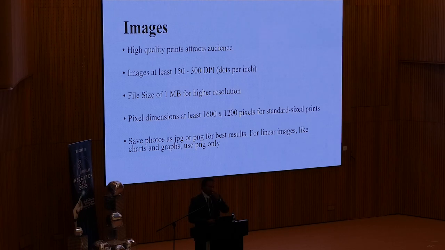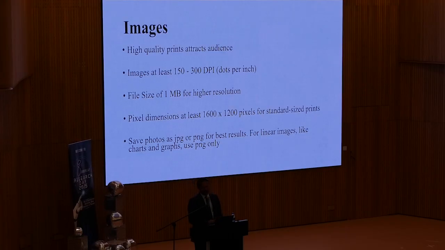Now the pixel dimension is also important. What is pixel dimension? Within the image, how closely are the dots kept together in little pixels, we call it, little rectangular systems. The more the pixels are packed in, the better the clarity. The farther away the pixels are, the more diffuse the image will look. So you want a pixel of at least 1600 by 1200.